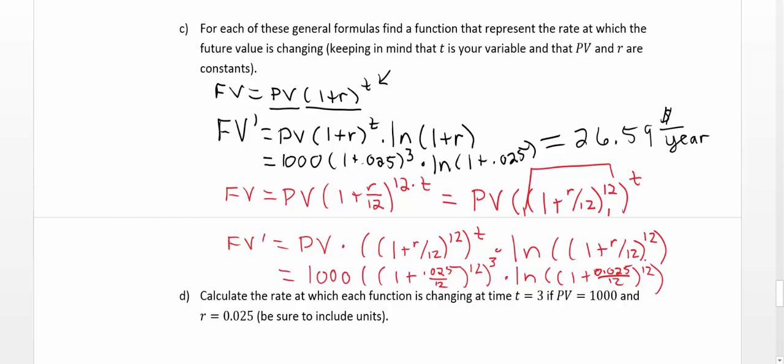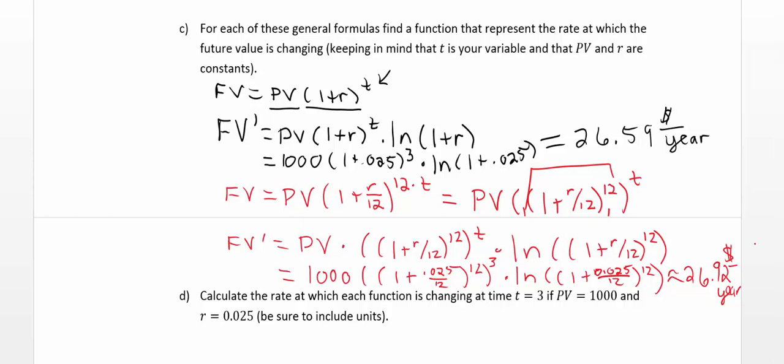Close the parentheses there. Again, we're going to carefully plug everything in. And when we crunch that number, we get that we're increasing at approximately $26.92 per year. So dollars per year. So again, it's really useful to know how much we're increasing and which one's a better scenario for us.